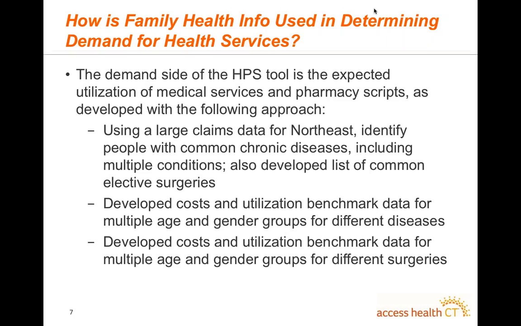And then we used age and gender specific benchmarks, because we know that sometimes age and gender bands drive the costs of various treatments. So a male under 18 versus a female under 18 or over 18, those are the kinds of bands we created for benchmarking.